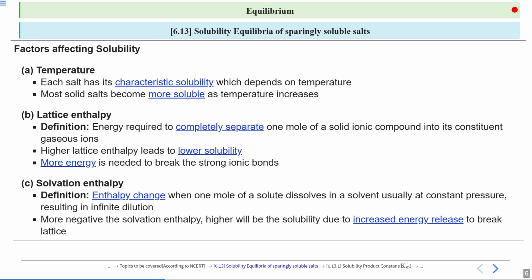Now you have two thermodynamic parameters, I would say. First is lattice enthalpy, which is inversely proportional to your solubility, and the next is solvation enthalpy, which is directly proportional to your solubility because it helps in releasing energy, or you can say this process is making the system more stable. So they are opposite to each other.